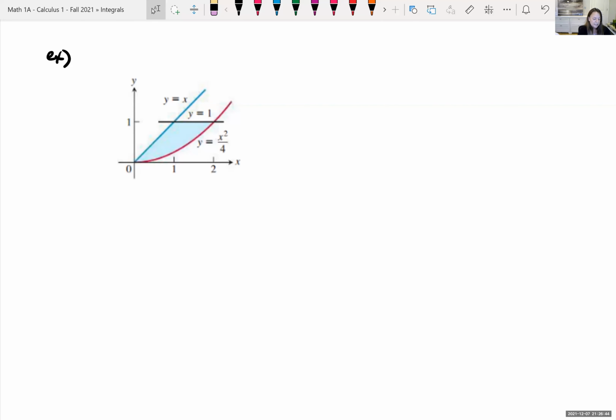Okay, so in this next example, notice that they give us the picture of the area they want us to find. And so look at, first of all, from 0 to 1, notice that our upper function is the function y equals x. And that lower function is this y equals x squared over 4.